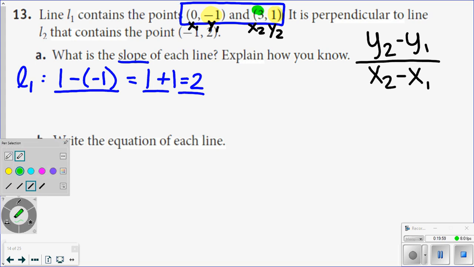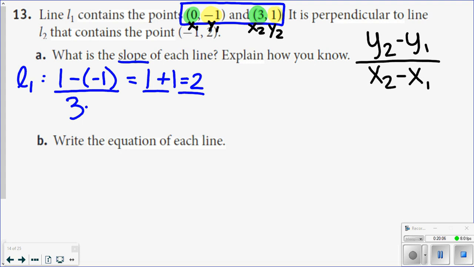So it would be the second x, which is 3 minus 0. 3 minus 0 is just 3. And this does not reduce or simplify. So 2/3 is the slope of line 1, the first line.